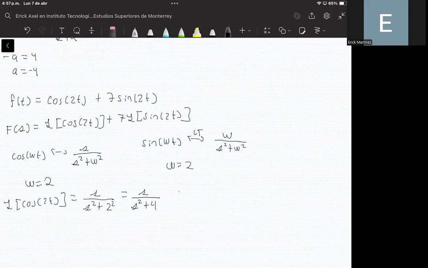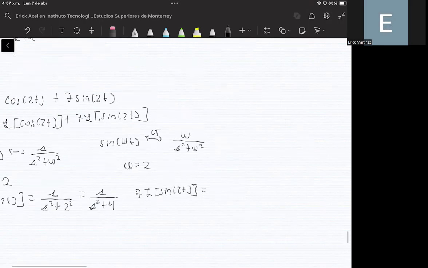The Laplace transform of this term, 7 times the sine of 2 times t, is equal to 7 times omega, but in this case, we know the value of omega. Omega is equal to 2, based on this relationship.